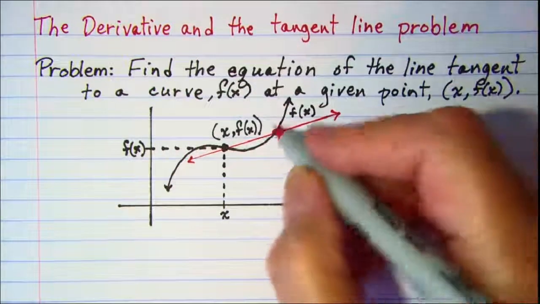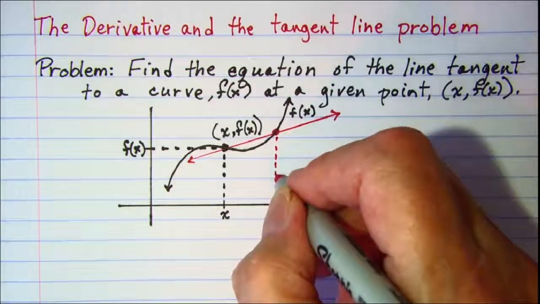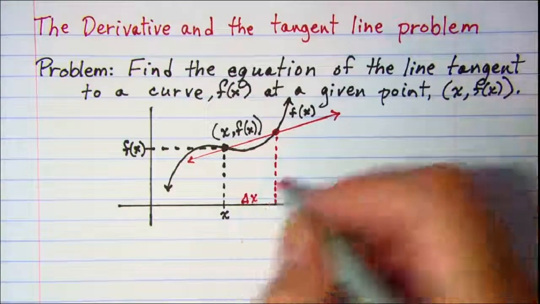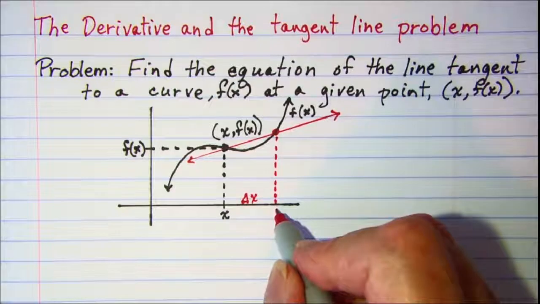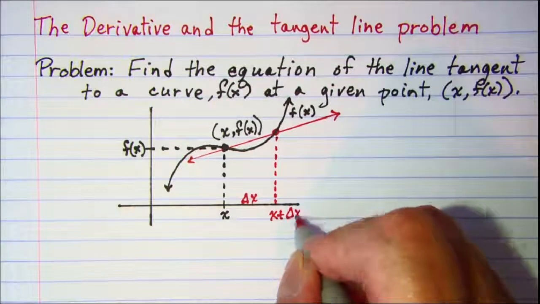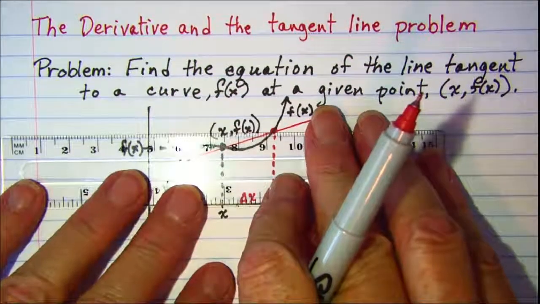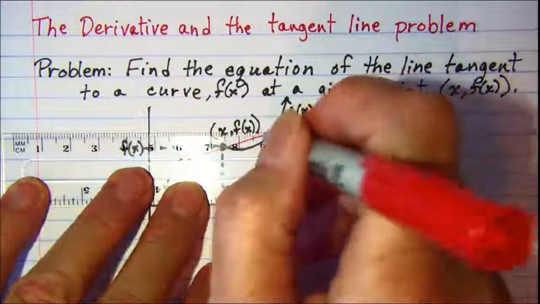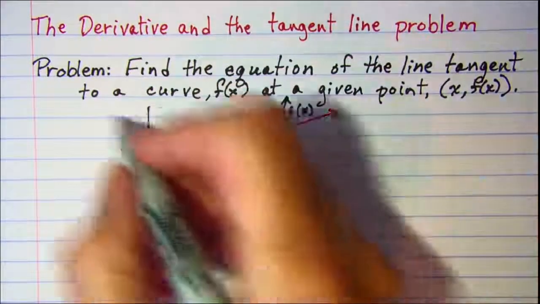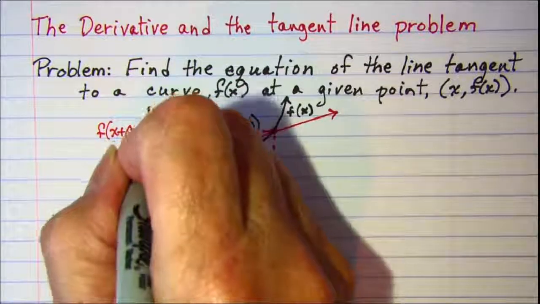Now if the distance from x to the x-coordinate of this point is delta x, then this coordinate will be x plus delta x, and the y-coordinate will be f of x plus delta x.